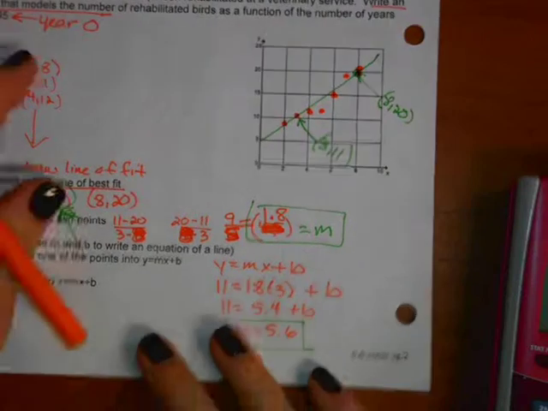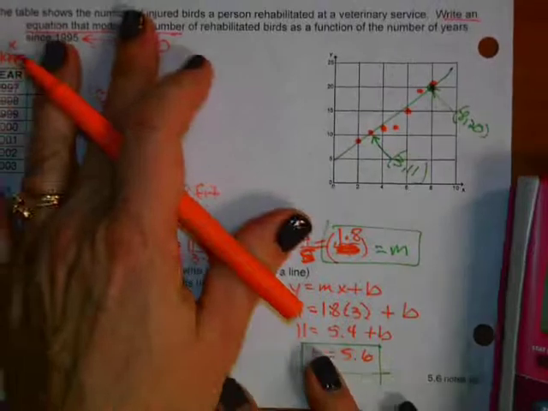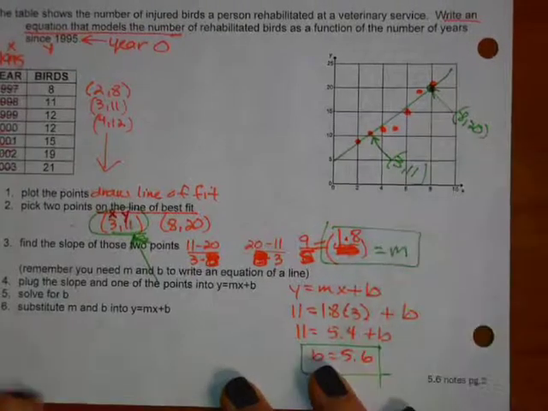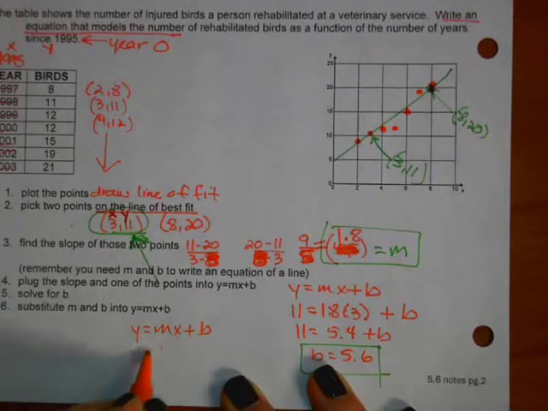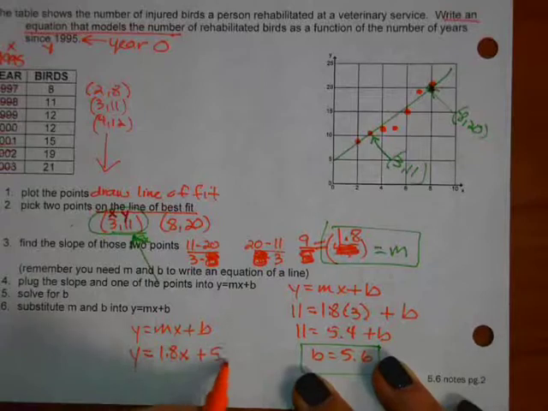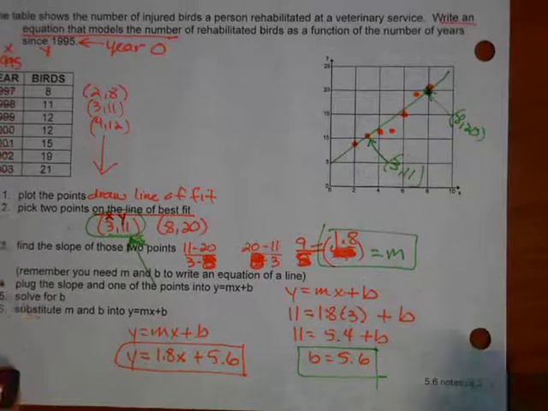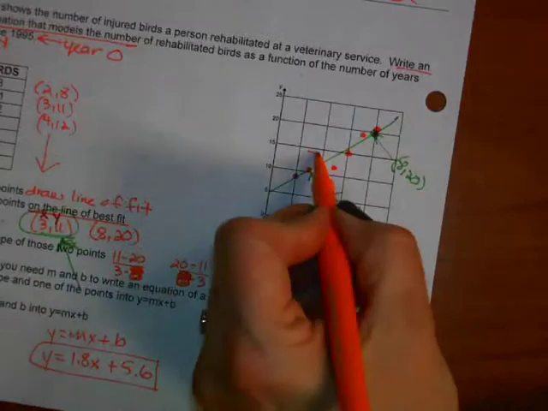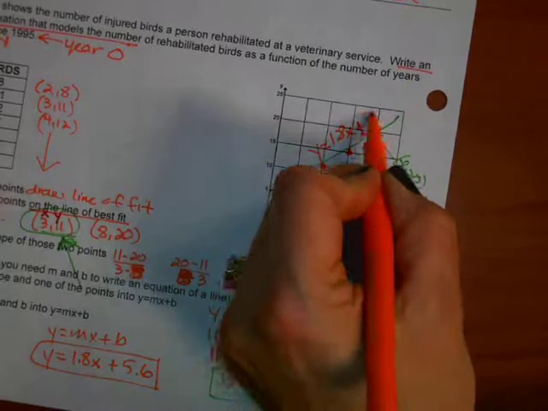Substitute m and b into y equals mx plus b. Y equals 1.8x plus 5.6. Sweet. I have the equation of the line. Y equals 1.8x plus 5.6. That's the equation of that line.